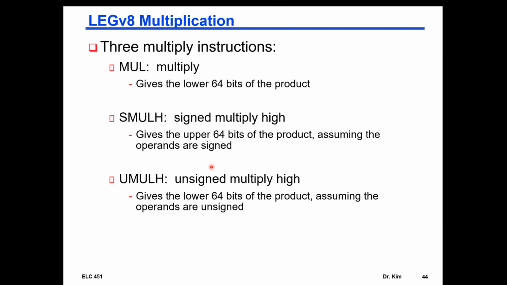And then we have an unsigned multiply high, which gives the upper 64 bits of the product, and it assumes that the operands are unsigned. Because remember that the datapath for the ARM that we're looking at is 64 bits.